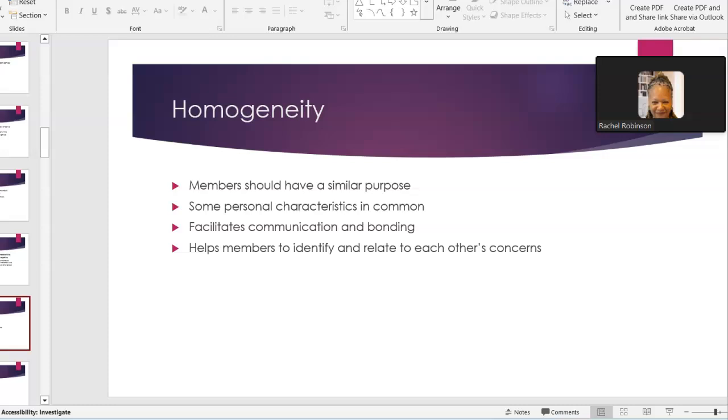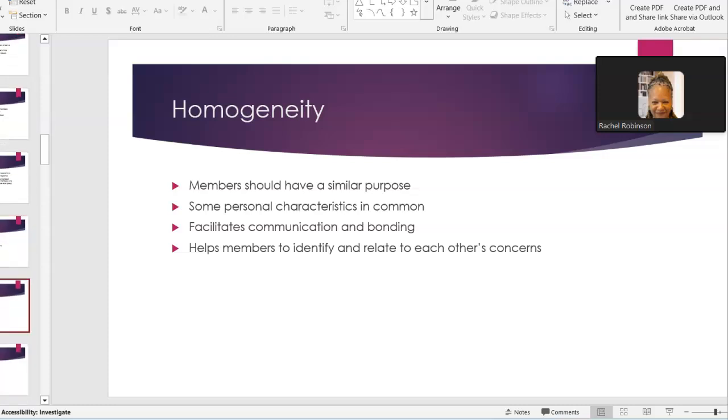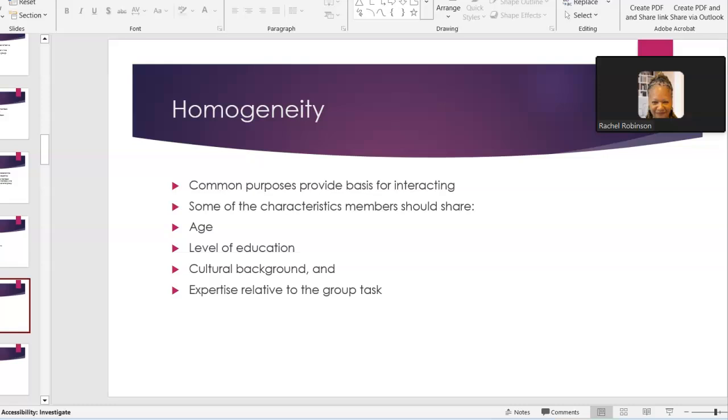So members need to be able to have some empathy or compassion to be able to relate in some way with their fellow members. So the purpose provides that common basis for interaction. So some of the things you're looking for is age, level of education, cultural background, expertise relative to the group task. So that's for task groups.